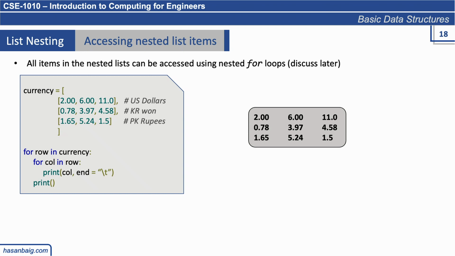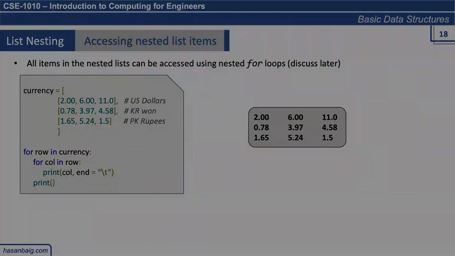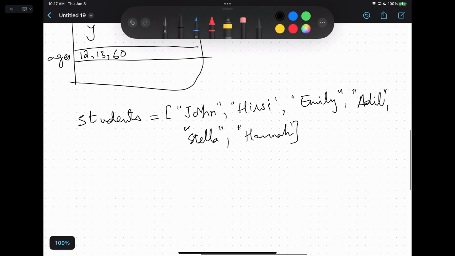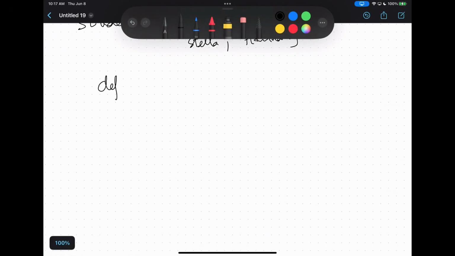Just to recall, suppose we had a definition of, let's say, test, with x, y, and let's say end equals \n. Okay, and it has some functionality in there.